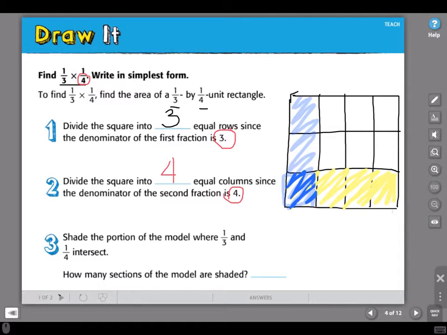And where 1/3 and 1/4 intersect, this one section here is the product of 1/3 and 1/4. How many sections of the model were shaded by both colors? 1.